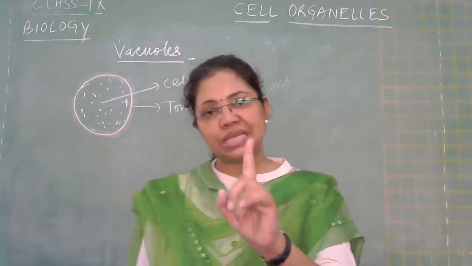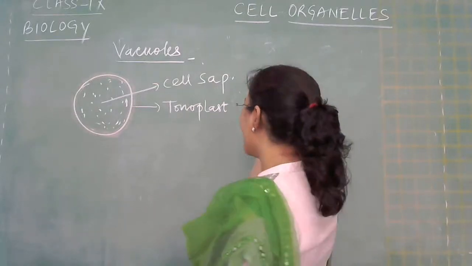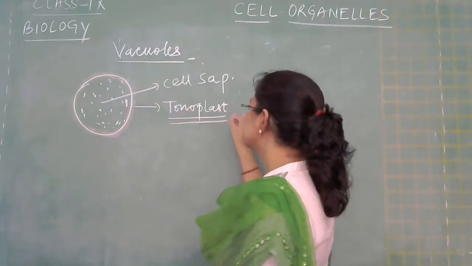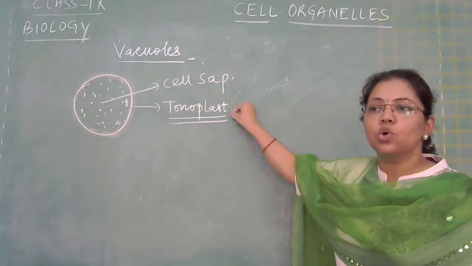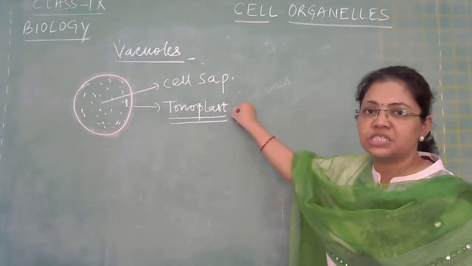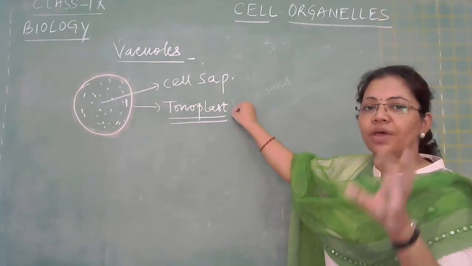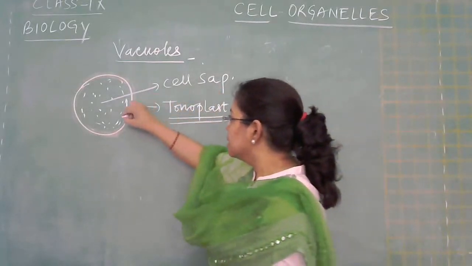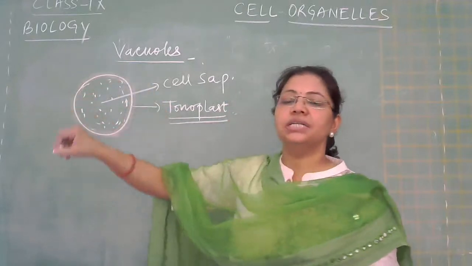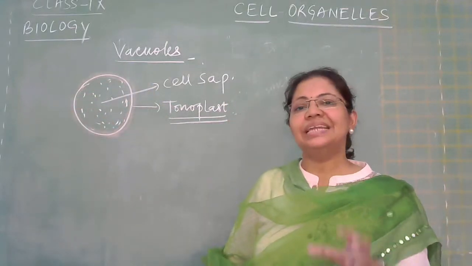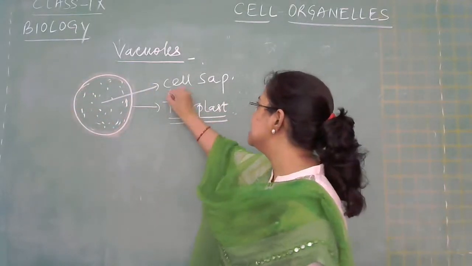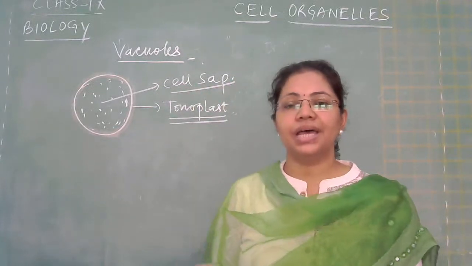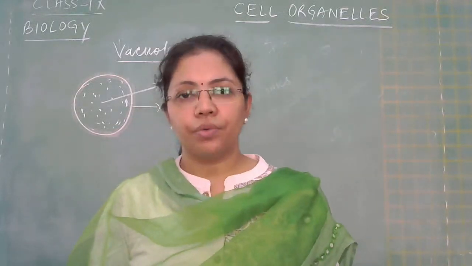They have a single unit membrane, and their membrane is given a special name, known as tonoplast. Yes, the membrane of a vacuole is known as tonoplast. And the material filled inside a vacuole, in most cases, is the cell sap. We call it cell sap, right?